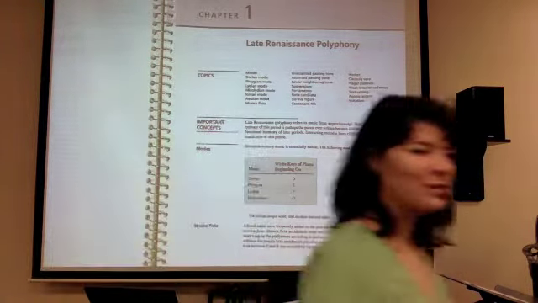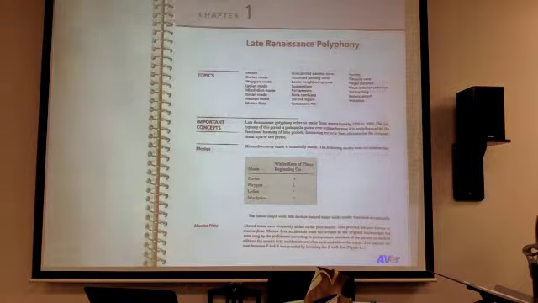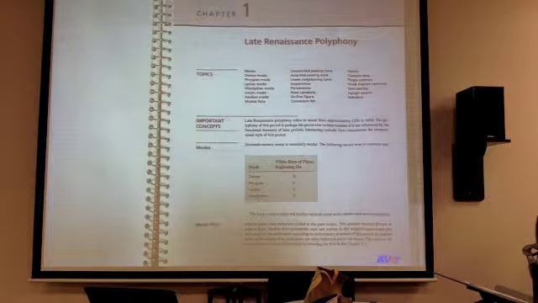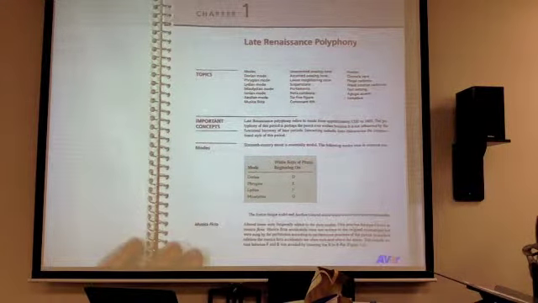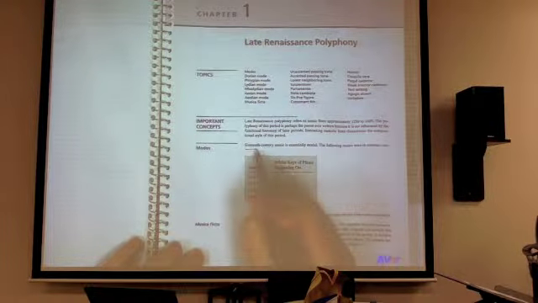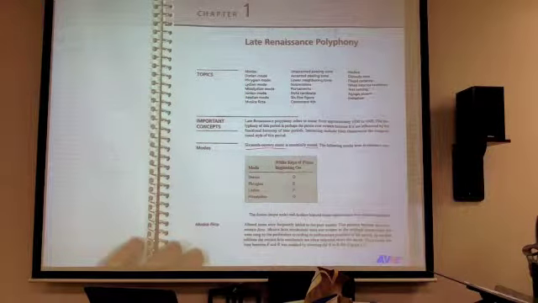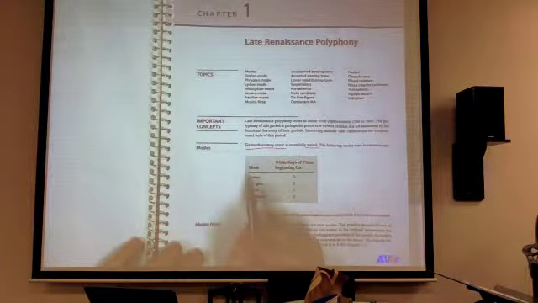I'm going to lecture from the podium. I apologize. All right, so late Renaissance polyphony. There's just a couple of things that you need to be aware of. Now, 16th century music is modal, all right? And these were the most common modes. Now, if you have the newest edition of the book, you've got a couple extra modes thrown in there.